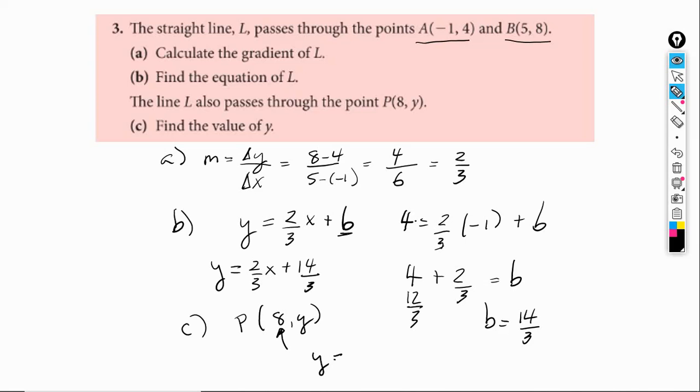So y is equal to 2/3 times 8 plus 14/3. 2 times 8 is 16, so 16/3 plus 14/3. 16 plus 14 is 30, so 30/3, and that equals 10. So y equals 10.